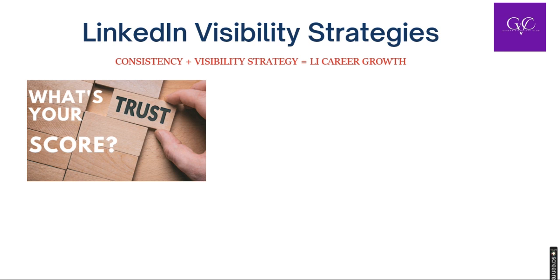And for you to be able to increase your trust score, it means that you have to be consistent on the platform. You can't just come up one morning, make a post or engage on other people's posts and then disappear. And then the next time you are showing up is when you know that you want to start looking for jobs. Nobody knows you. It's not just about being seen, right?